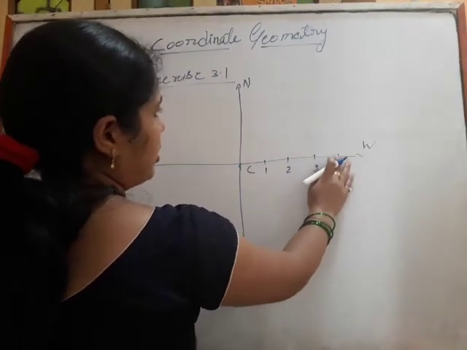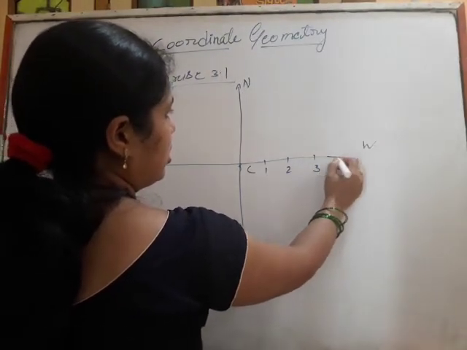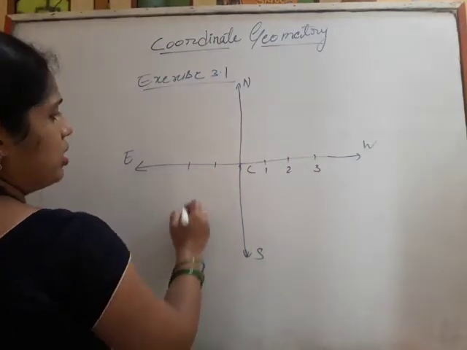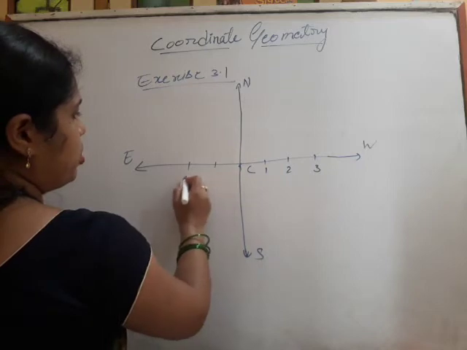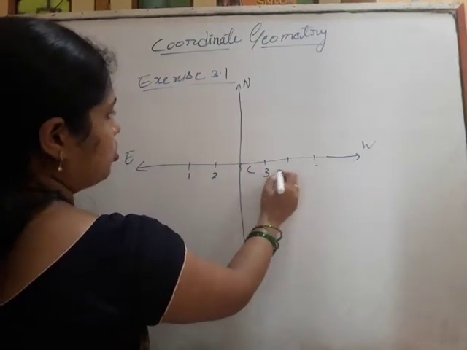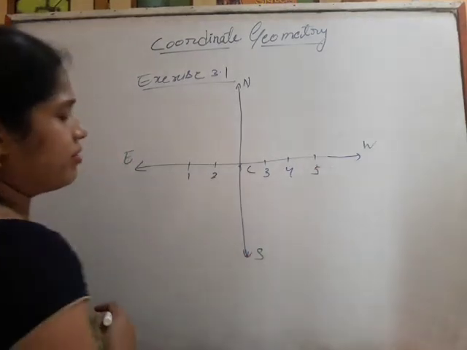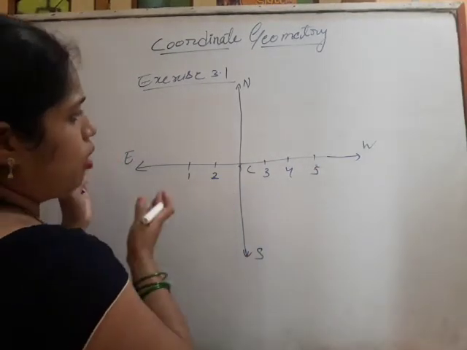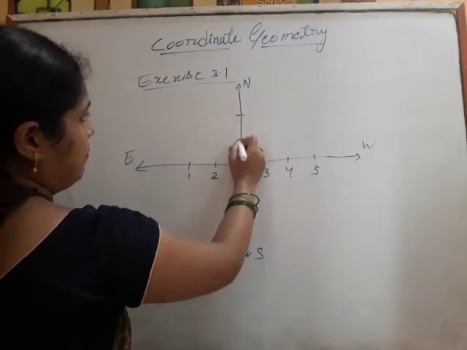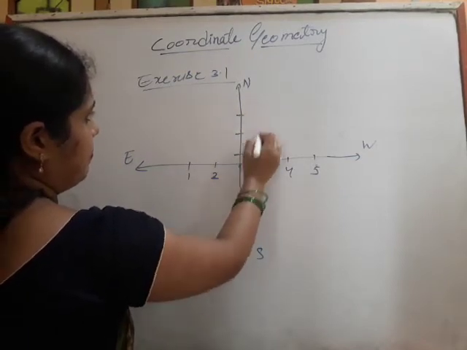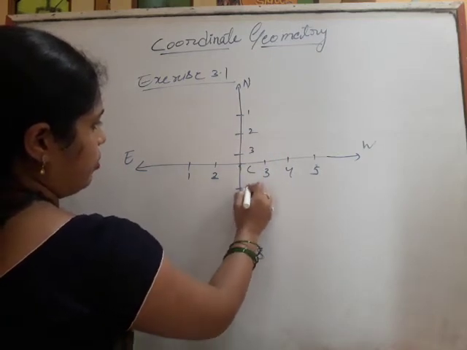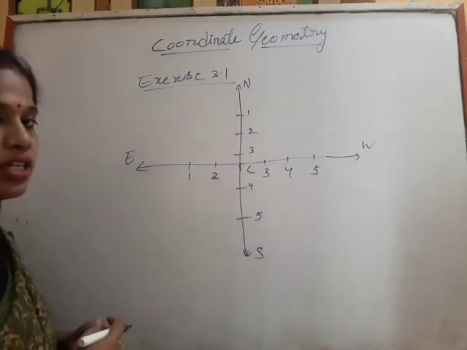We will start drawing like this: 1, 2, 3, 4, 5. Then parallel to the east-west direction: 1, 2, 3, 4, 5. 5 streets.